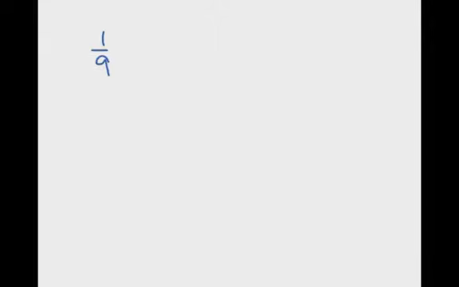We have 1/9 x squared minus 4 over 25 y squared. The first thing we notice that is different about this one is they are fractions. So we're going to keep them in fractions and not change them to decimals, because that's just going to create so much more work for us.